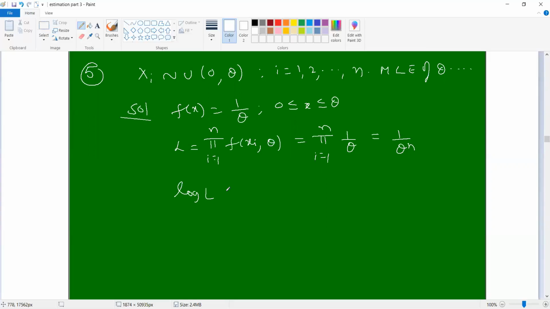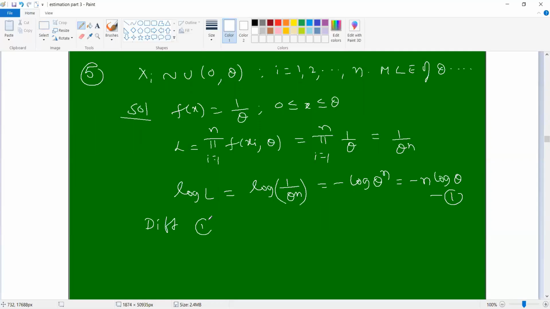Take log on both sides. Log L is equal to log of 1 by theta power n. That is minus log theta power n. Apply the log a power m concept: minus n log theta. This is equation 1.